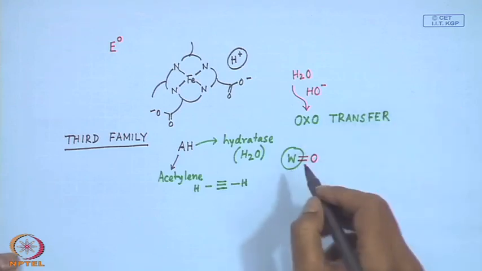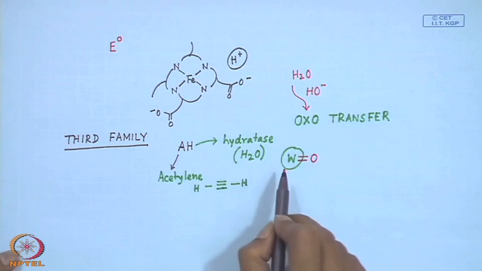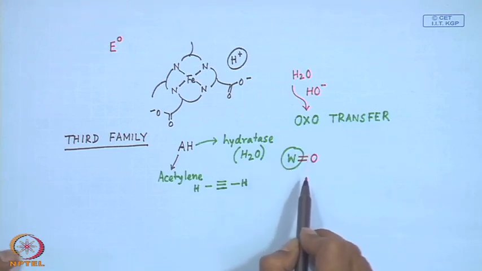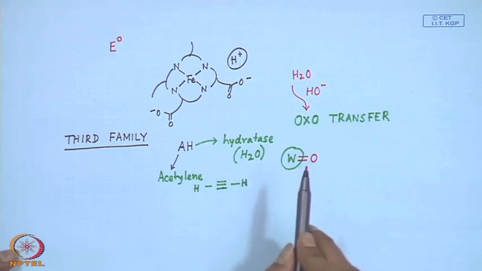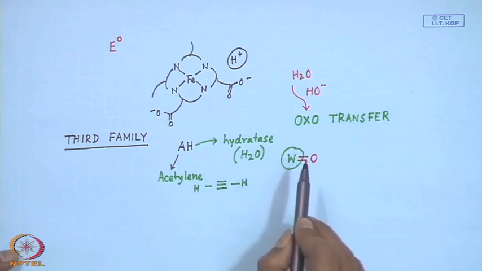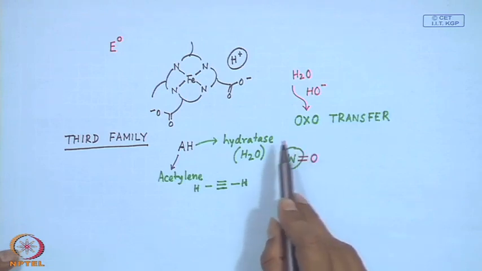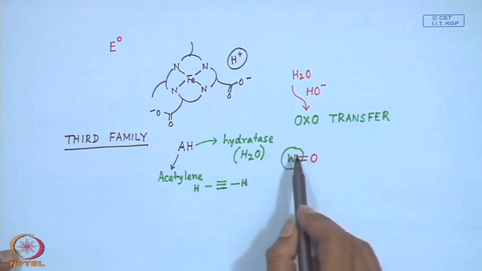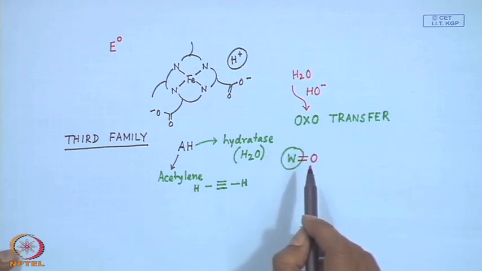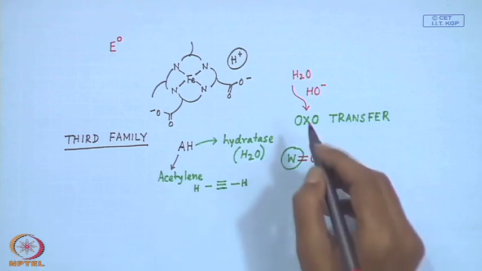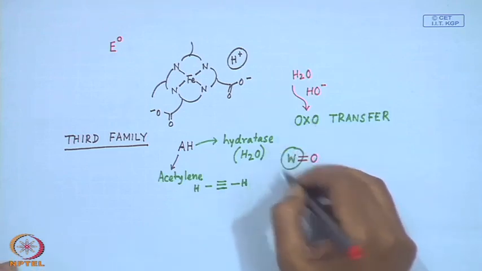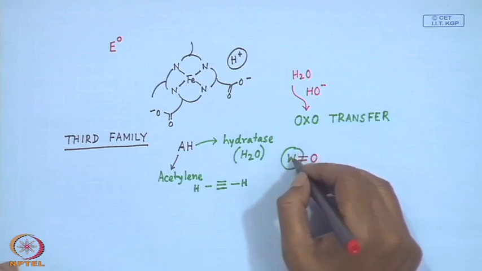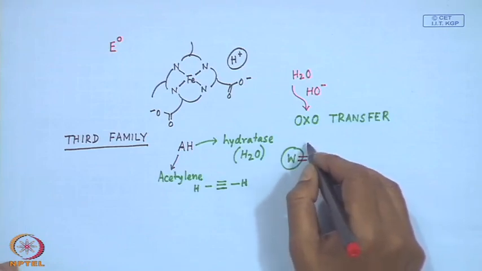Both molybdenum and tungsten have a natural tendency to form a very useful double bonded O, single bonded OH or single bonded OH2 function around the metal center when they are also attached to some other ligating groups like the pterin units. So, the pterin sulfur groups are always there, and finally, we have the two vacant positions, the two available sites for all these reactions.